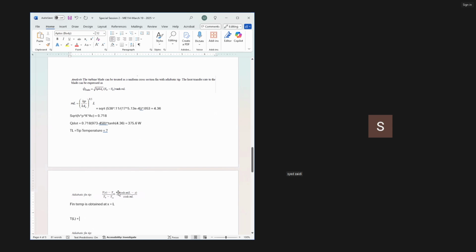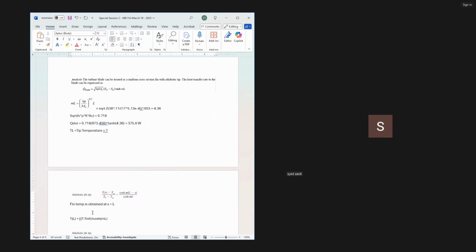So TB minus T infinity will go on the top. I will get this bracket and TB minus T infinity, divided by cosine hyperbolic mL.